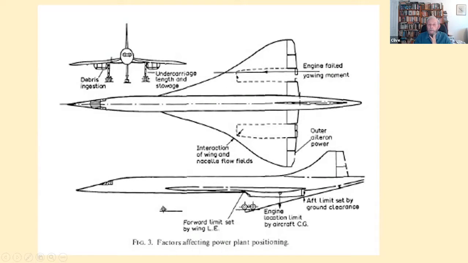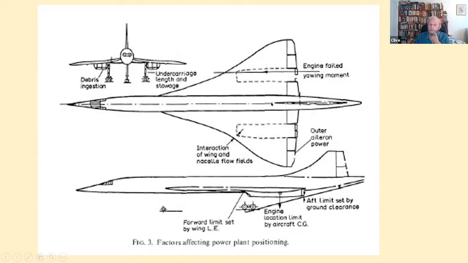And so the total length of the intake is fixed. At the same time, the engine and the nozzle are fairly heavy components. So where you place the whole power plant assembly fore and aft has significant effect on the center of gravity, amongst other things.